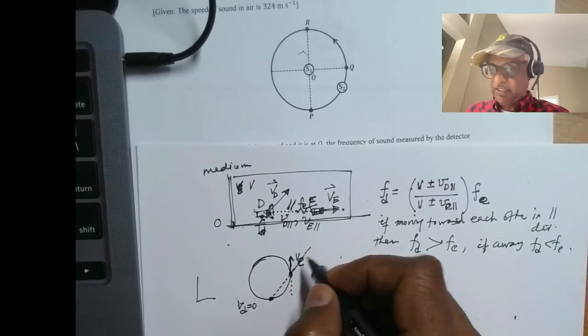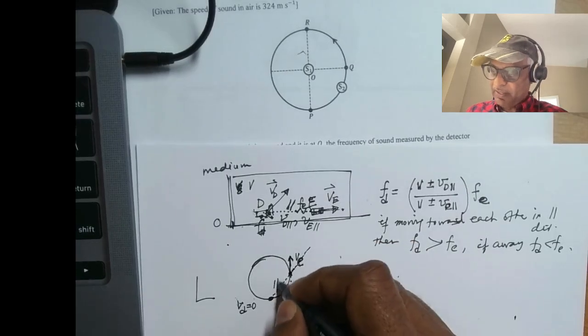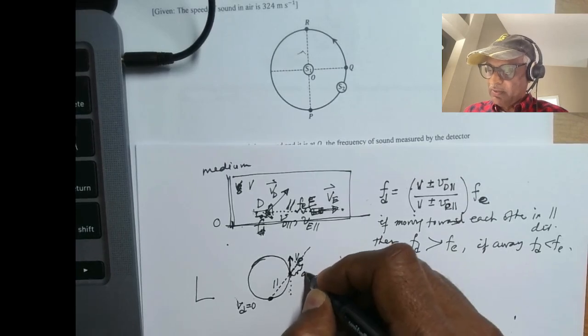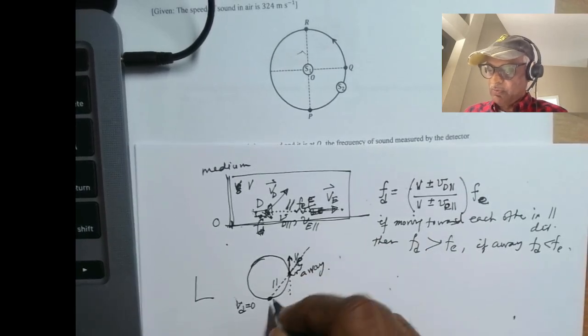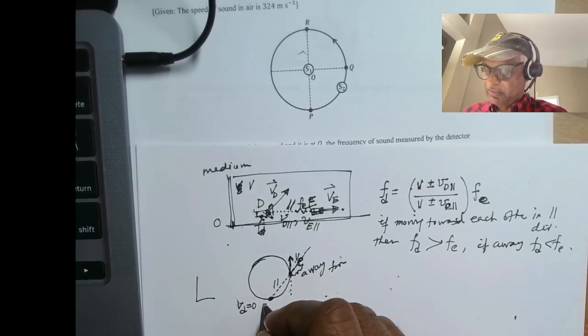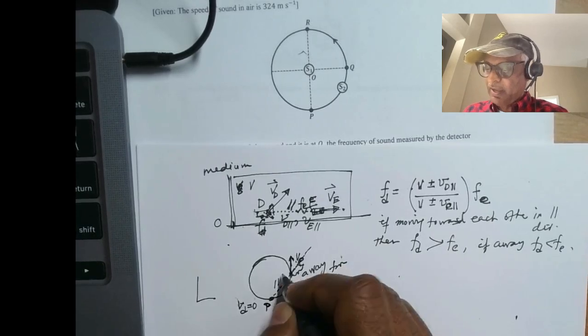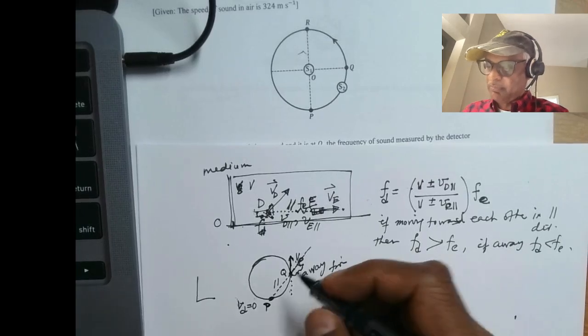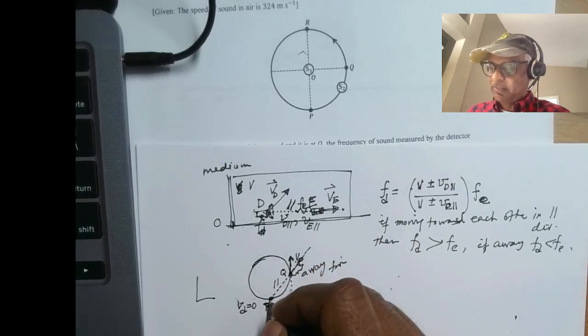If I project onto the parallel line, it's moving away from the detector, which is point P, and this is point Q in the diagram. So this is the emitter and this is the detector.